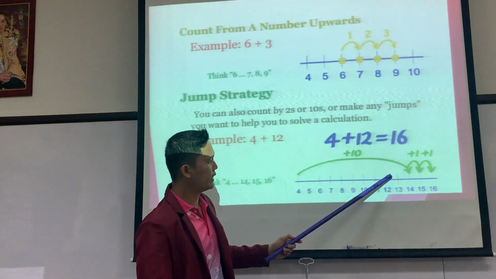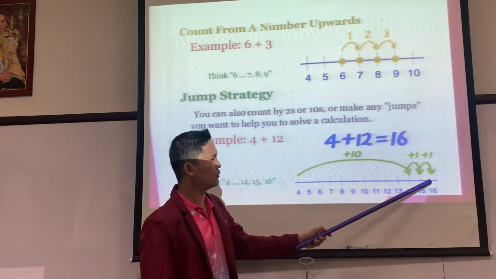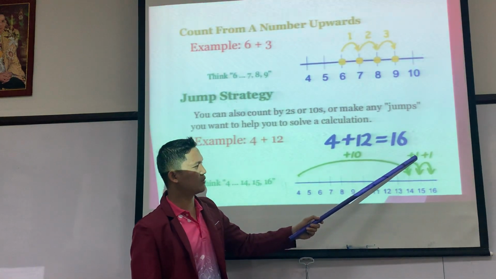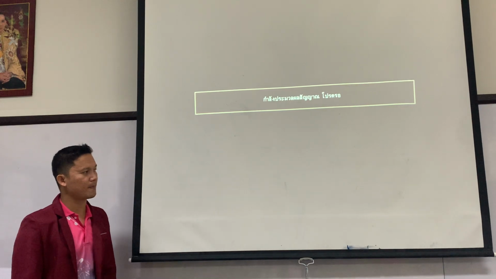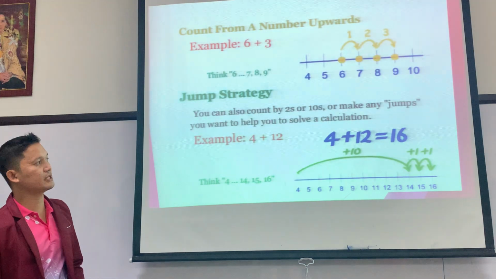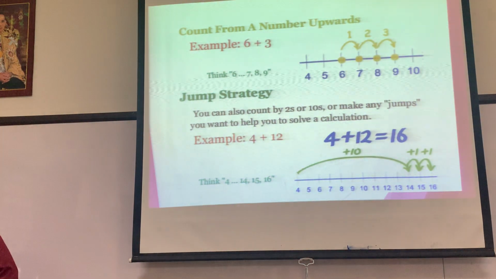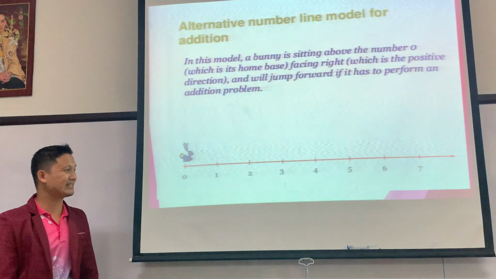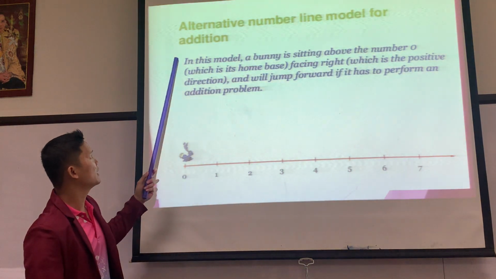Then we count how many times, 1, 2, so we have to plus 1, and in total it is 16. So 4 plus 12 equals 16. This is only an alternative, the number line model for addition.